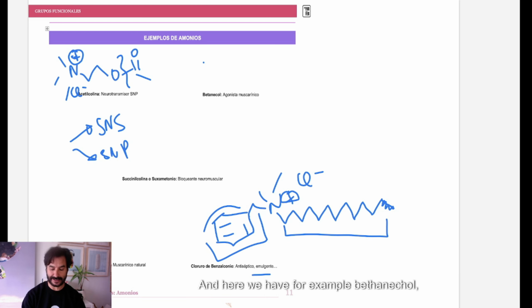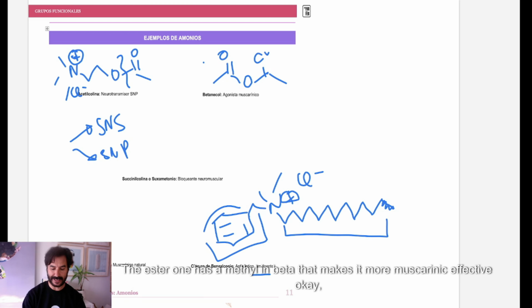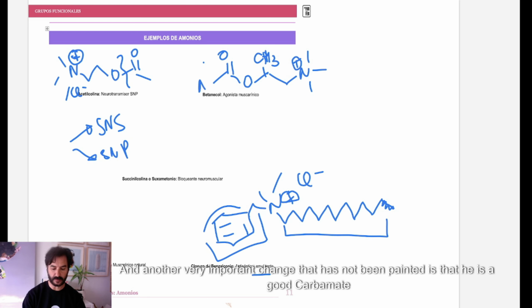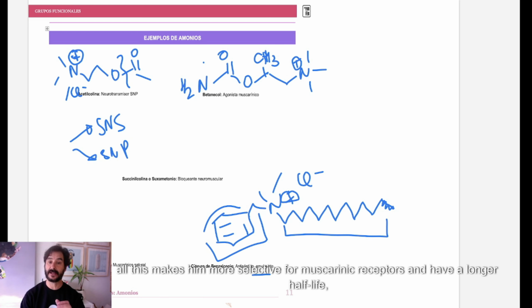Here we have, for example, bethanechol, which would be a similar structure. This one has a methyl in beta that makes it more muscarinic, effective. And then it has the same ammonium. Another very important change, which has not been painted, is that it is a carbamate. All this makes it more selective for muscarinic receptors and gives it a longer half-life.